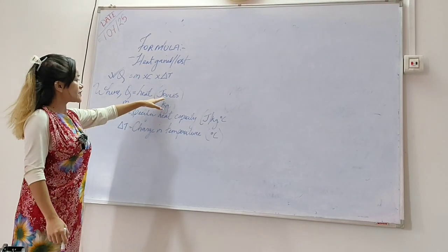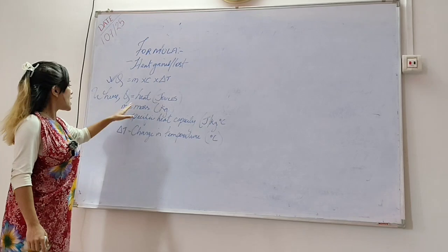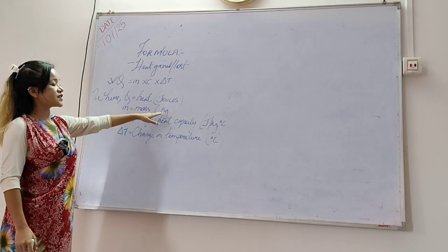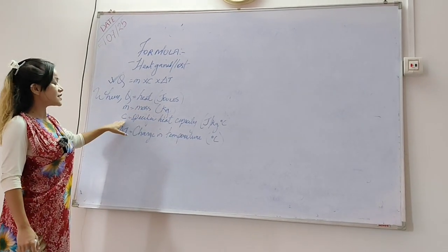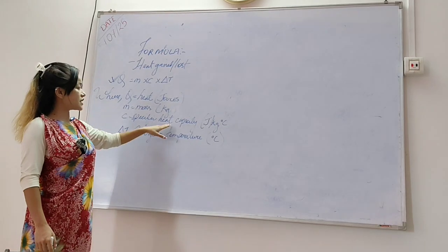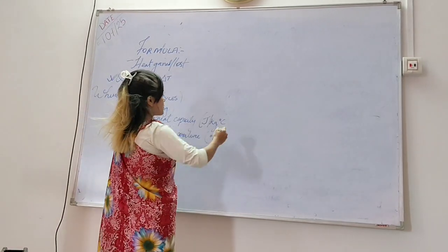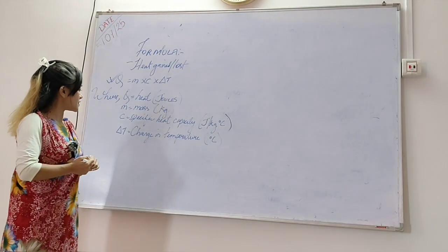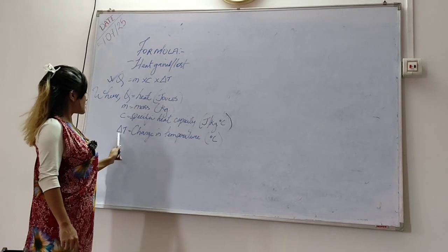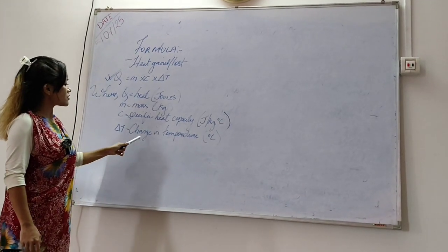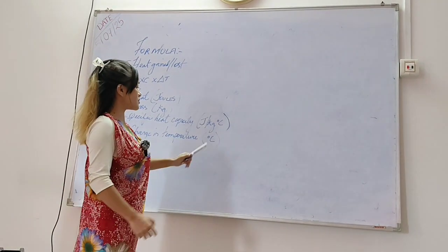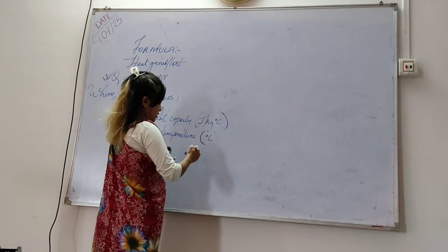The SI unit of heat is what? Joules. M stands for what? Mass, that is kg. Then C stands for what? Specific heat capacity, that is joules per kg degree Celsius, and ΔT stands for change in temperature, which is measured in degree Celsius.